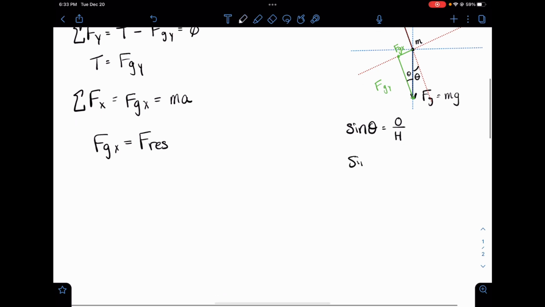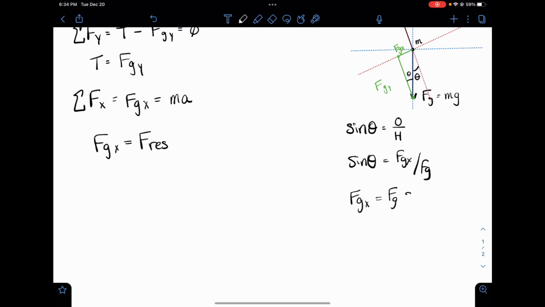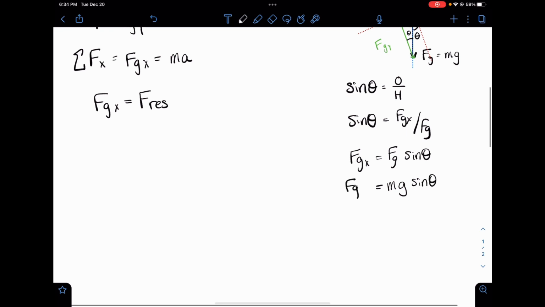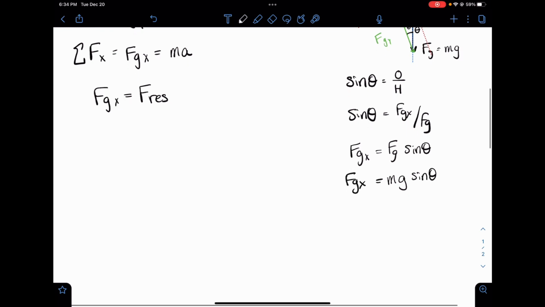We know that sine of theta equals F_gx divided by F_g, and therefore F_gx equals F_g, the force due to gravity, times sine of theta. Simplifying this, it's mass times the acceleration due to gravity times sine theta. So we can plug this in on the left side of the equation, getting m g sine theta.